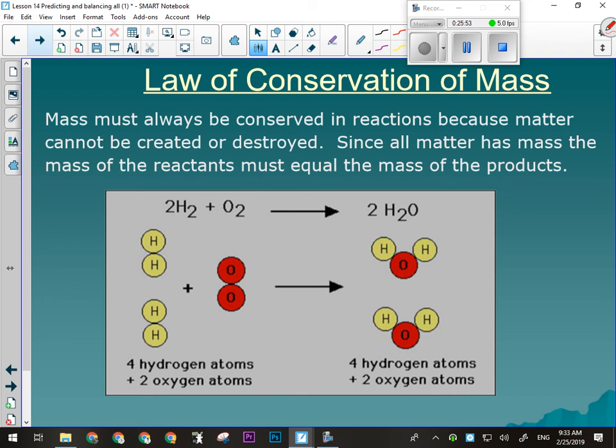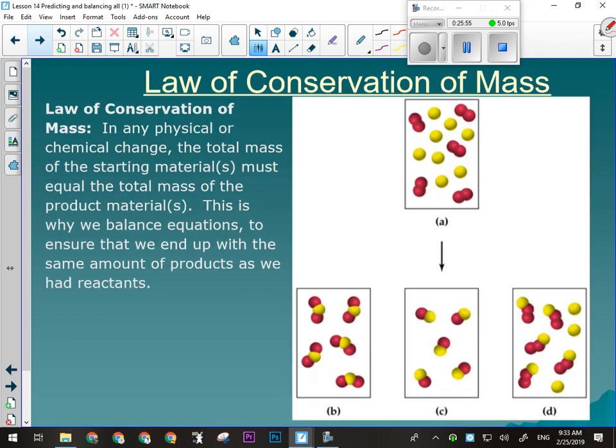All right. So if I'm looking at this situation here, this is my reactants, the top box. In which one of the bottom boxes is mass conserved? I've got 10 reds and I've got 8 greens.